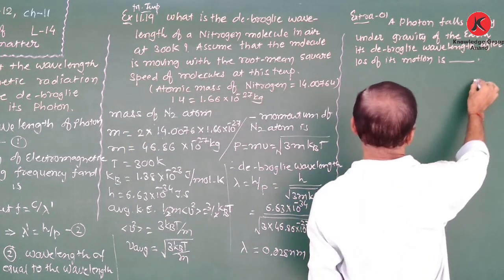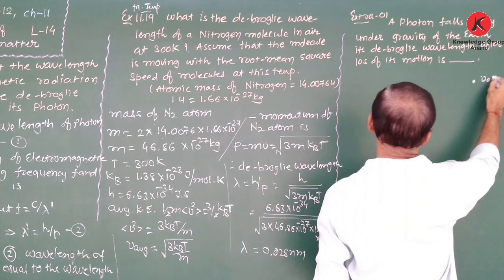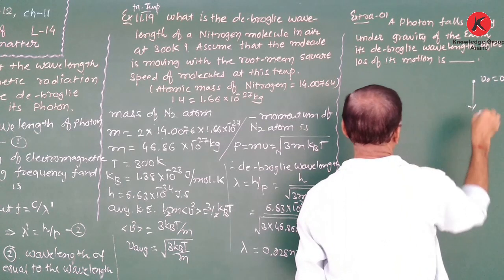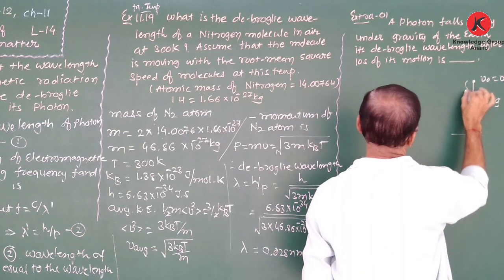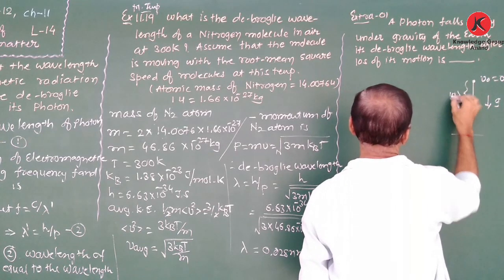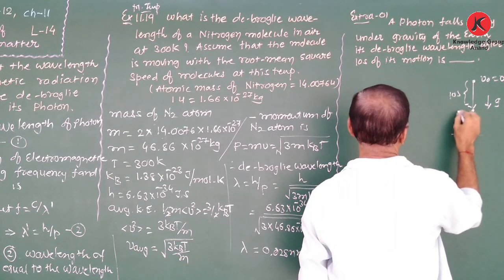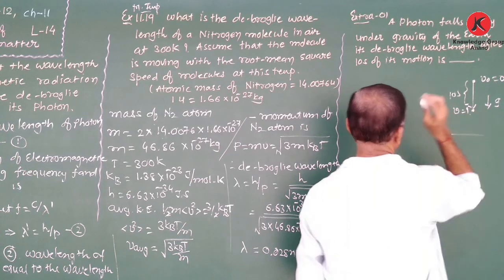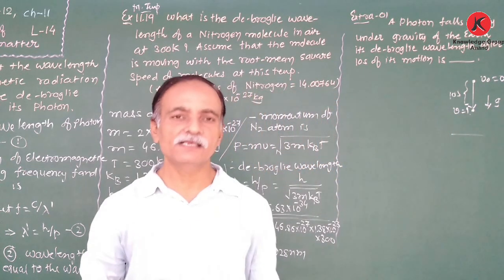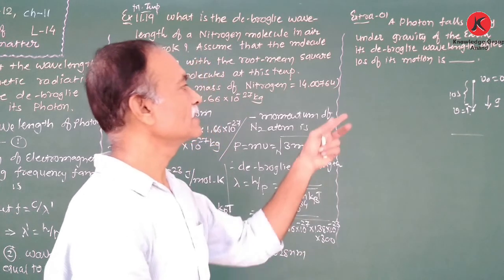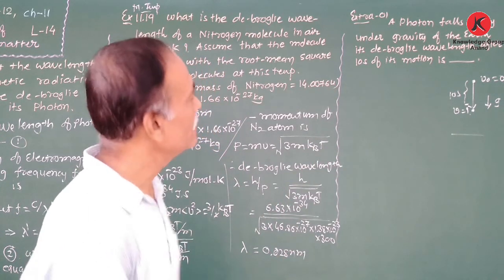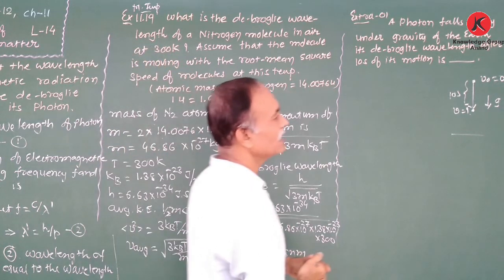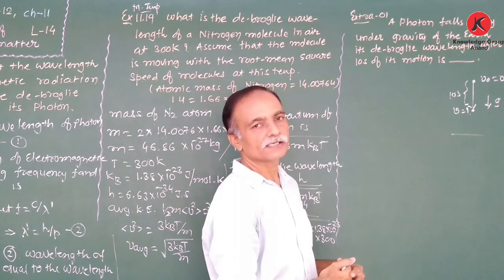One proton is free falling. Here the initial speed is 0, free falling under the effect of the gravitational acceleration. After traveling for 10 seconds, first we have to find the speed. As we find the speed, we can find the momentum, p is equal to mp v, and then the de Broglie wavelength lambda is equal to h upon p.